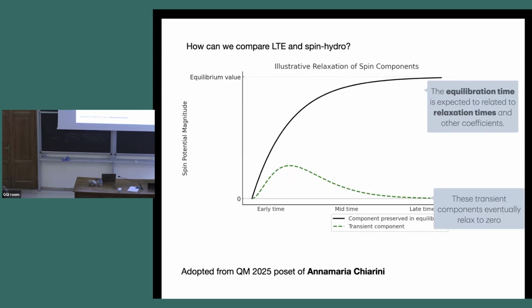Now, the consistency of the equations requires you to excite all of the components. So there will be some transient components that will eventually go to zero, and there will be some persistent components that will go to thermal vorticity.